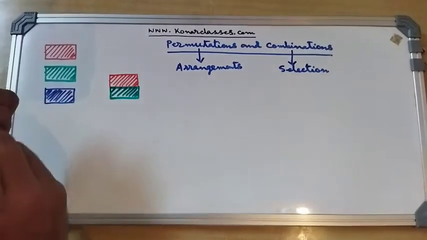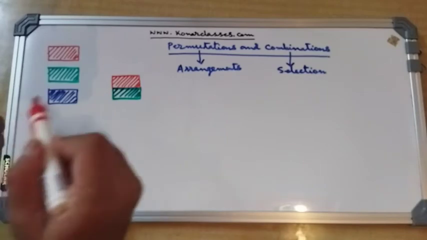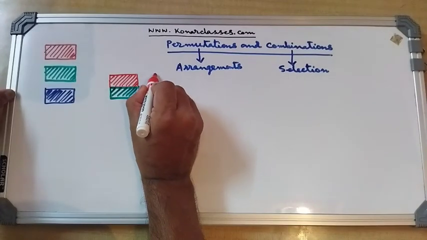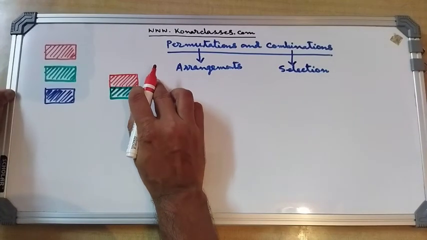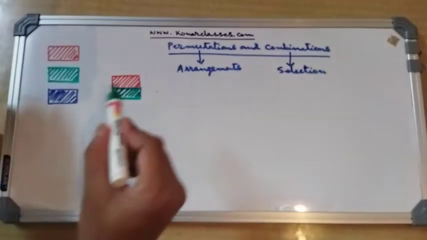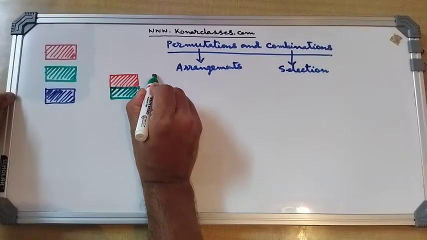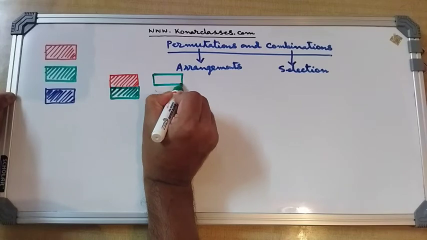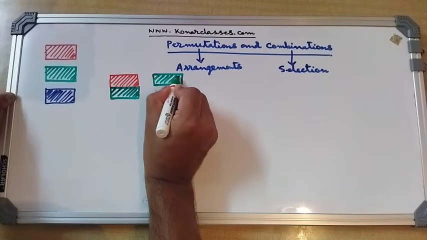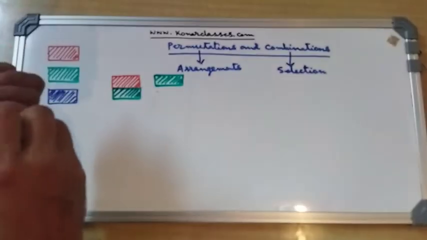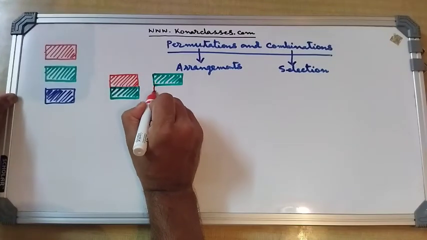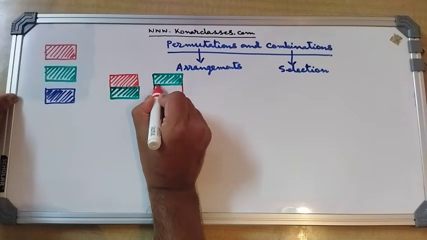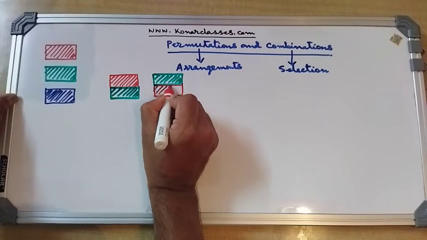You can consider it a kind of flag. Or we can keep the green one at the top and the red one at the bottom. And you see it is a different arrangement than the previous one.